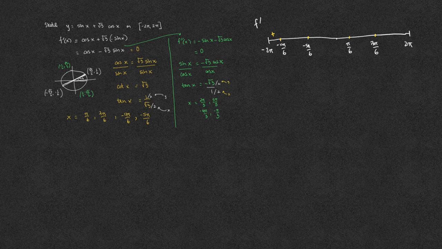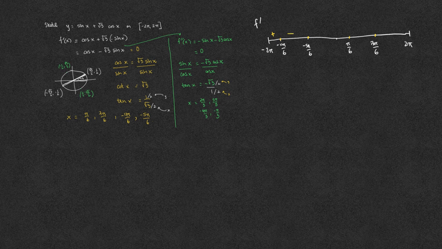Plug in a number between negative 11 pi over 6 and negative 5 pi over 6, such as negative 7 pi over 6, into the first derivative, would give us a negative sign for the first derivative.